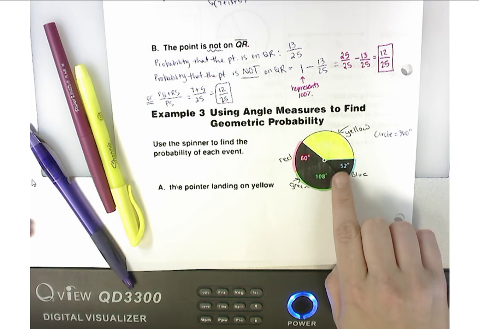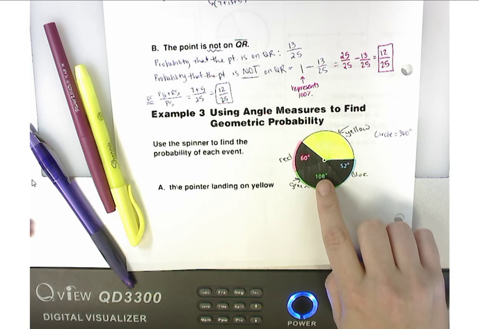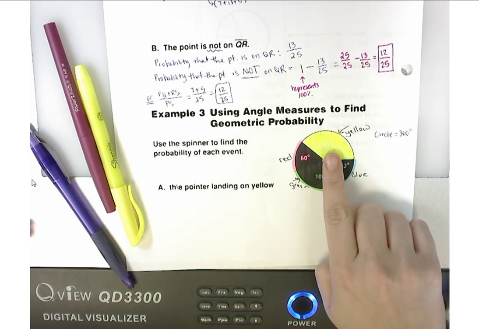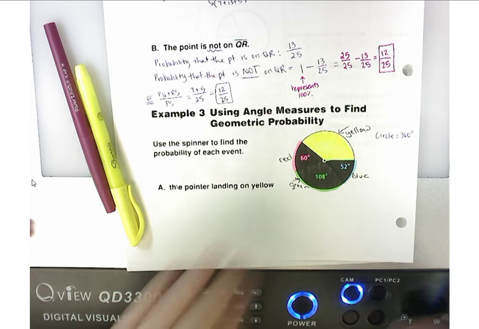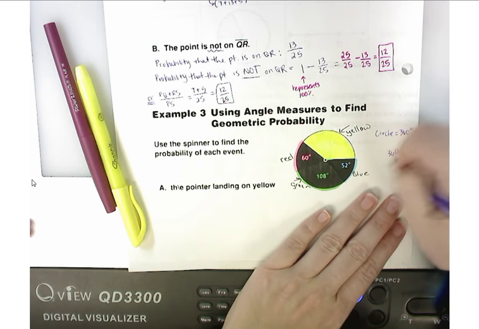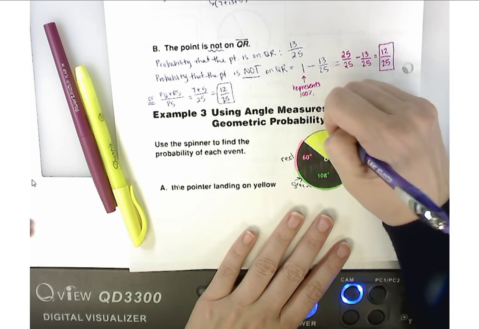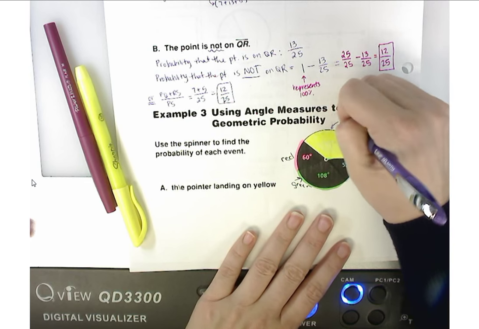Because 2 plus 8 is 110. 110 plus 50 is 160. What's 160 plus 60? 220, right? Okay, because 40 of it is going to go to make the 200, 220. So how much more would I need to get to 360? So 360 minus 220 would be 140. So the yellow is going to be 140 degrees.